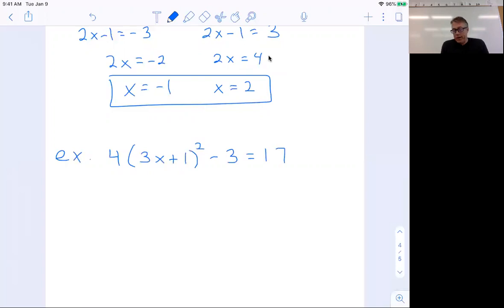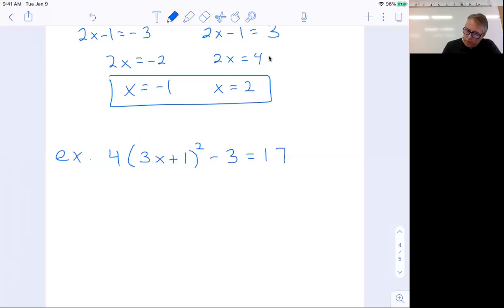So again, I could FOIL all this out and distribute the 4 and move the 17 over and use the quadratic formula or try and factor. But because I have this term squared, that allows me to also use another method where I can just get this thing by itself and take the square root of both sides.